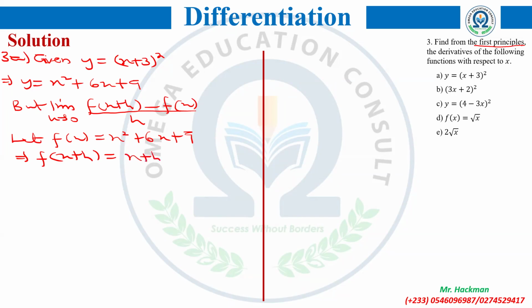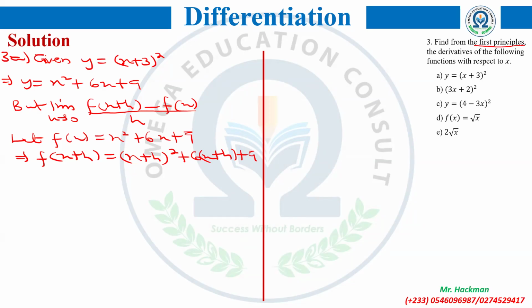So it will be x plus h squared, then plus 6 times x plus h, then plus your 9. And remember, this one does not contain a denominator. It's not a fraction. So my previous advice holds, even for all situations. Expand before you substitute. Expand before you substitute. The other one, you could have done that. I remember we later came to expand anyway. Definitely you have to expand.